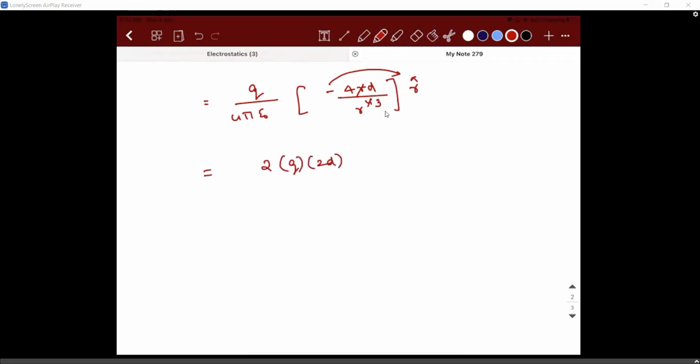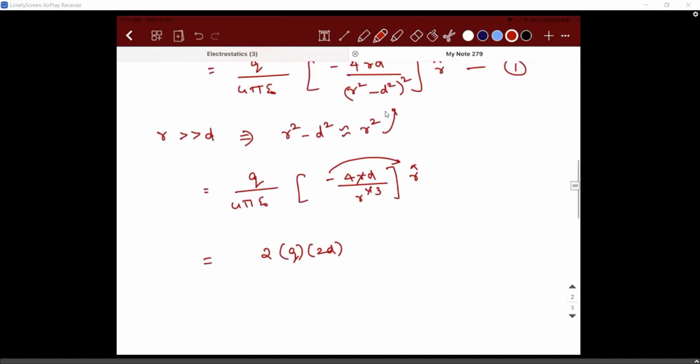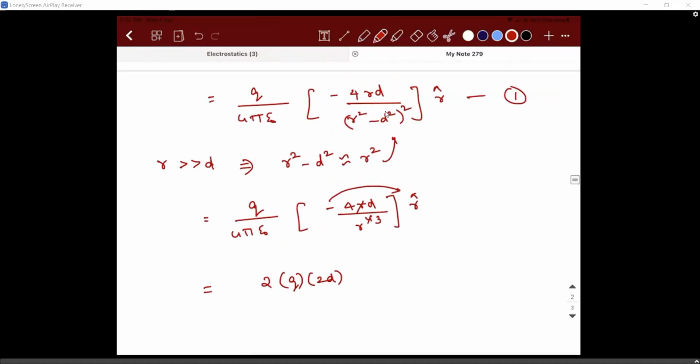Can I write it like this? The same thing. I've broken that 4 into 2. D divided by R power, because you're multiplying there. The multiplication operation is different.